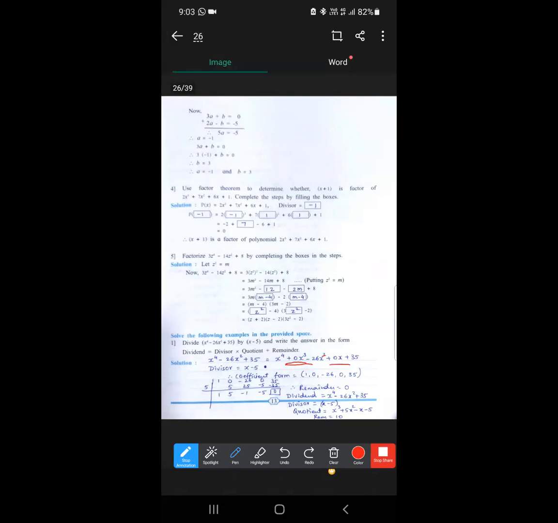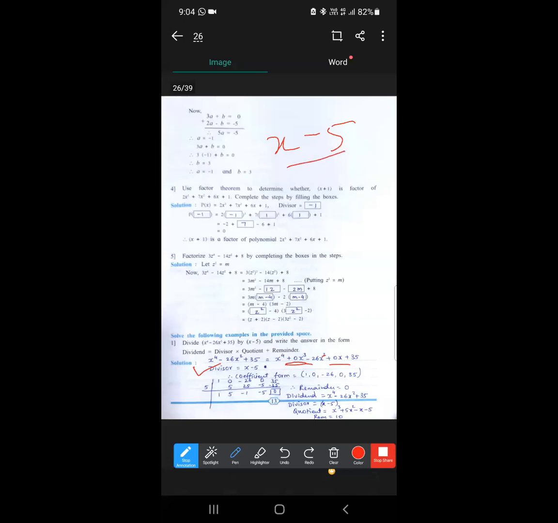Okay, and the divisor is what? X minus 5. Previously also we have seen that we have to check whether the given polynomial is a factor of another one. That time, if it is negative, then what do we take? Positive.